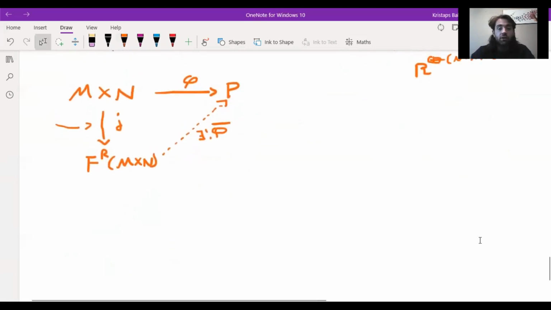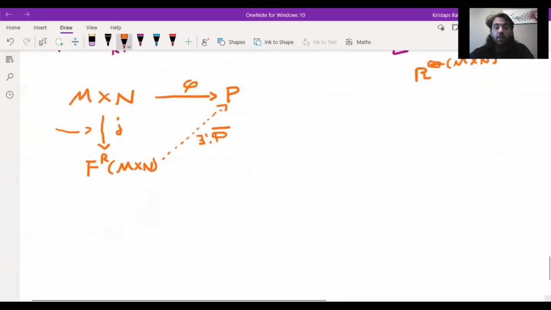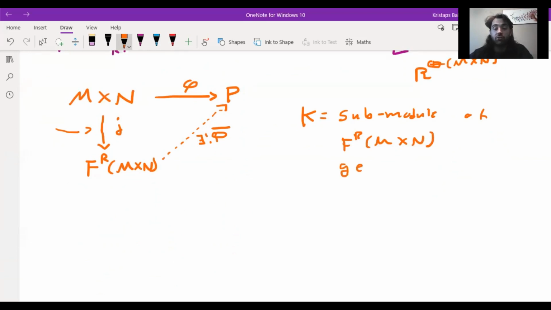We've constructed part of this so far, but now what we're going to do is let K be the submodule of our free module, and we're specifically going to define it as being generated by certain relations.